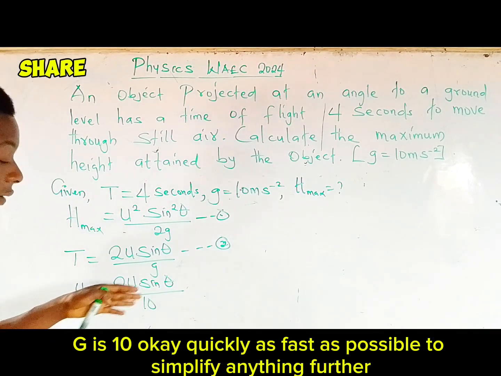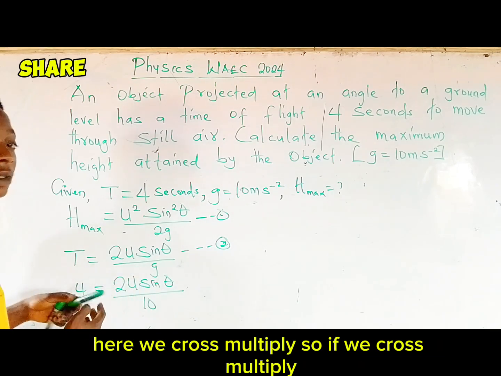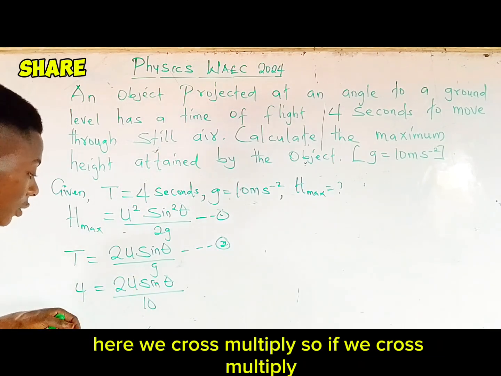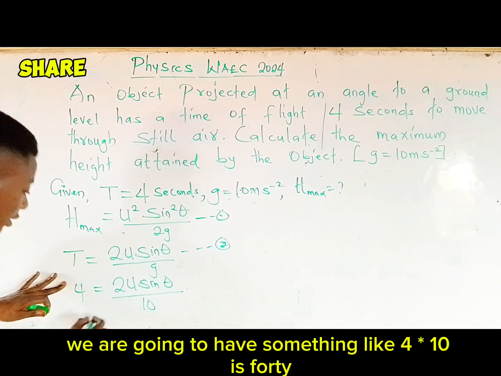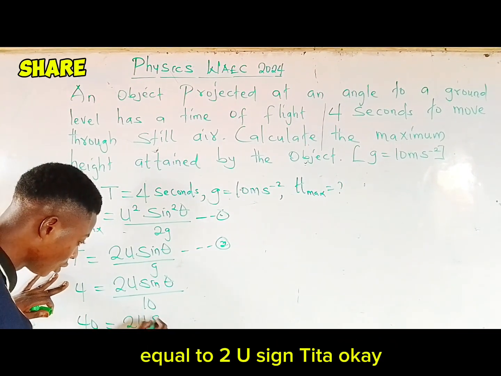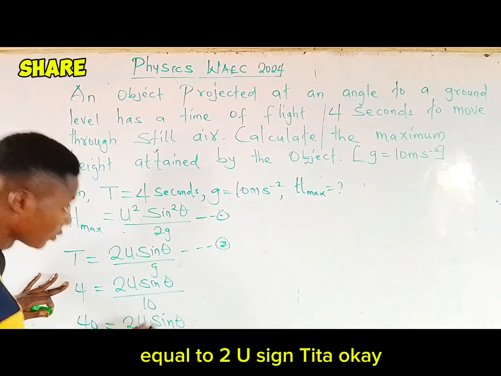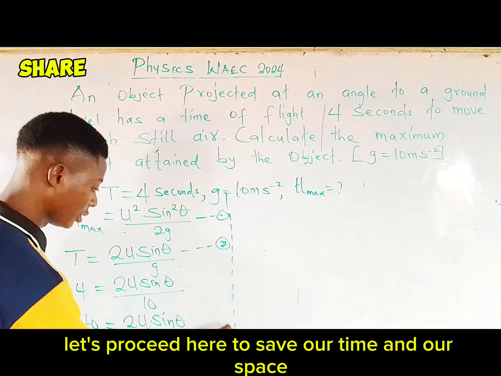To simplify further, we cross multiply. So we have 4 times 10, which is 40, equals 2u sine theta. Let's proceed here to save our time and space.